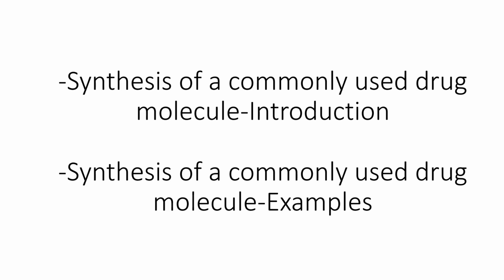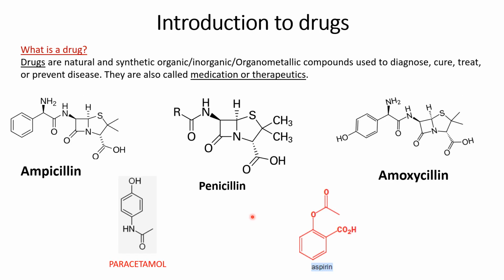Let us see some of the commonly used drug molecules. Let us see what are drug molecules with examples. So what is a drug? Drugs are natural and synthetic. They may be organic or inorganic, or in some cases organometallic compounds, that are used to diagnose, cure, treat, or prevent diseases.